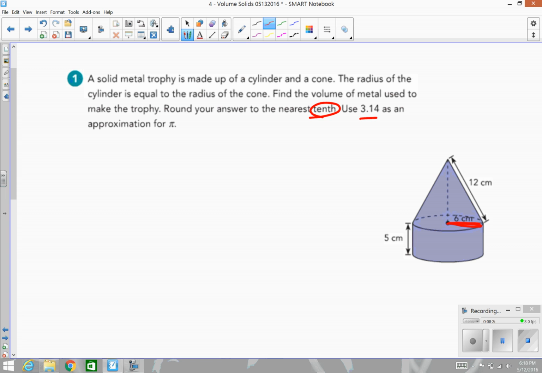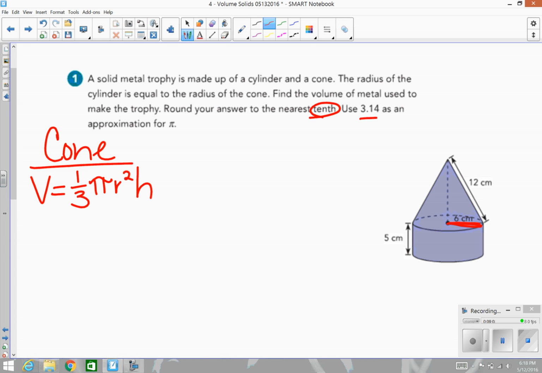I like to start with my formula so that I know what's missing, what I need to find, what I'm plugging in. So when I'm trying to find volume of a cone, I'm going to use my formula. Volume equals 1/3 times pi r squared times height. And that pi r squared is the area of that base.